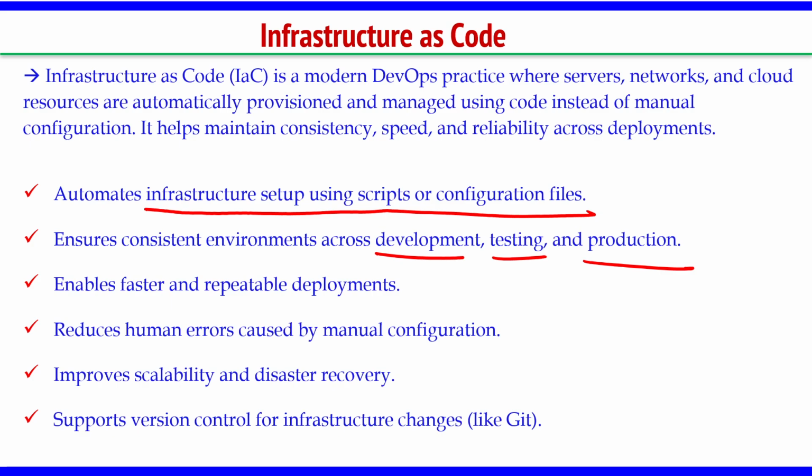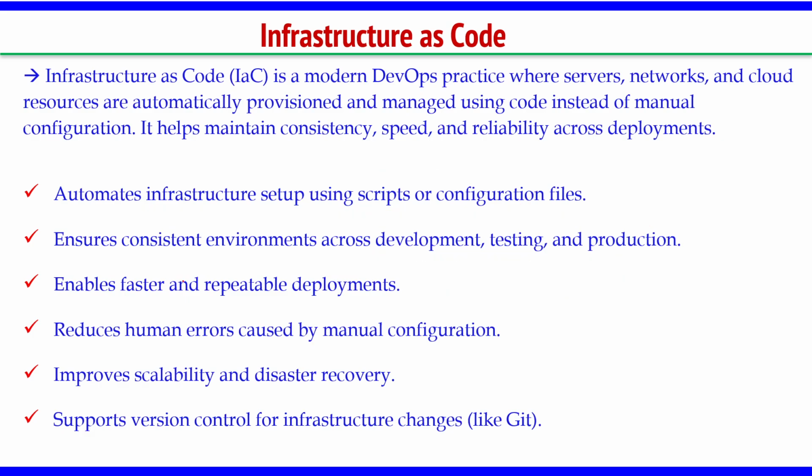Everywhere we have the same kind of setup, because the same script, the same code will be used. So there will not be any mismatch between the environments. Settings will be the same, the IDE will be the same, the version of Python will be the same. If I say install 3.12 in development, the same will be installed in testing and production also without any mismatch in the version.